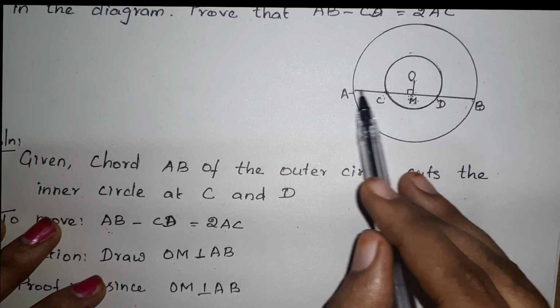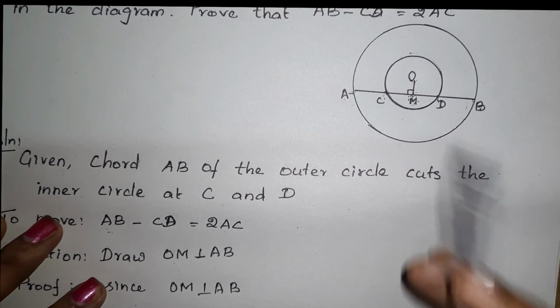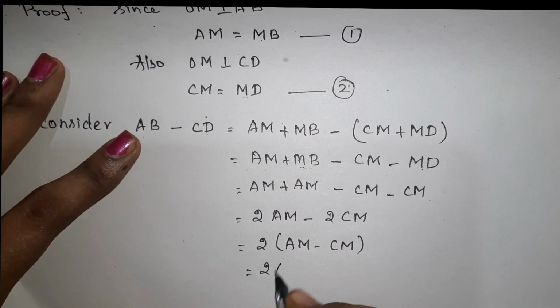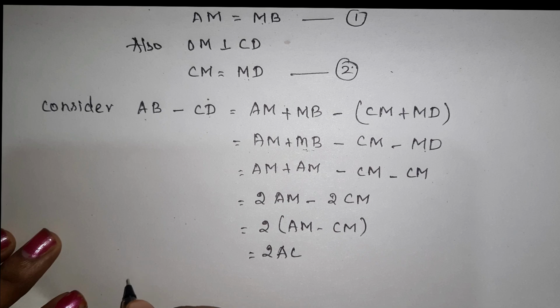Are you clear? From AM I am removing CM. So remaining value is AC. So I can put that is equal to 2 times AC. So hence we proved that AB minus CD value is 2 times AC. This we have to prove, hence we proved. Okay.